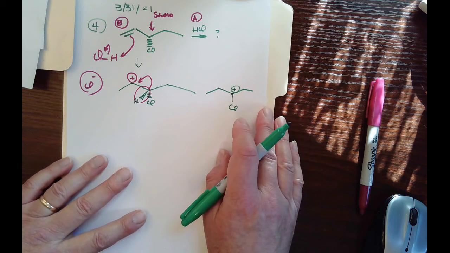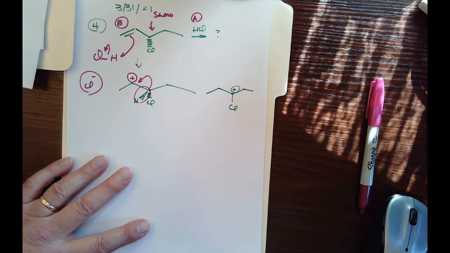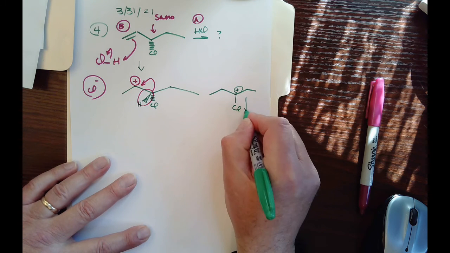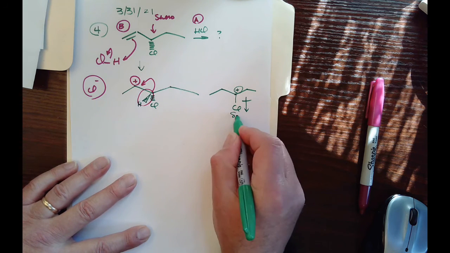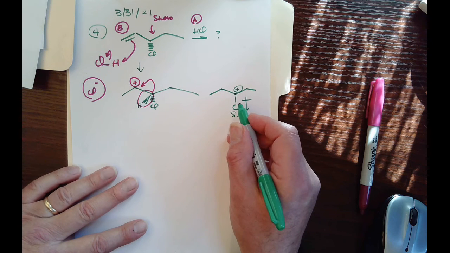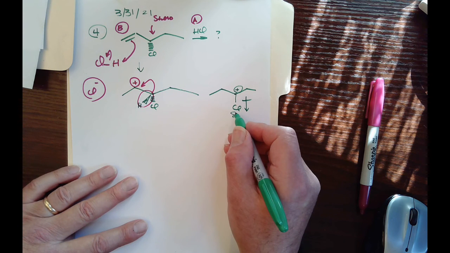So this carbocation now has a Cl. Remember, the Cl is electronegative, so it pulls electrons away. That makes this carbocation with the Cl not very attractive. So it makes the carbocation even worse.